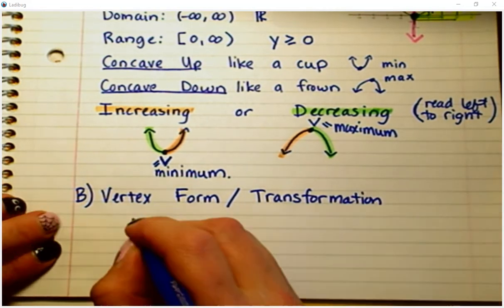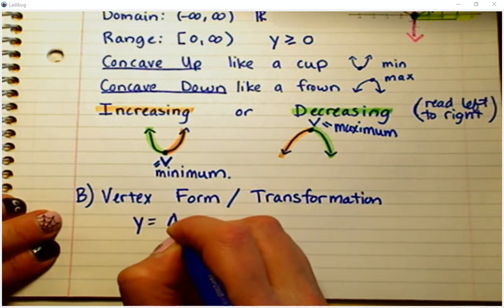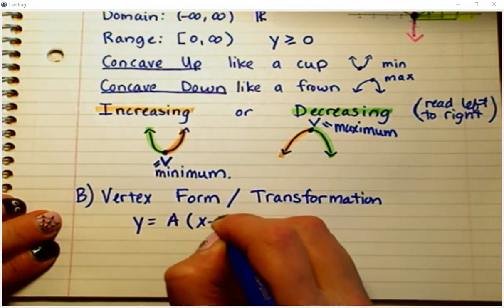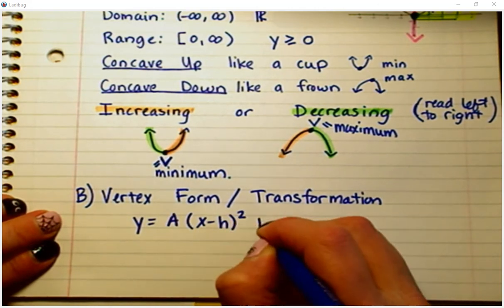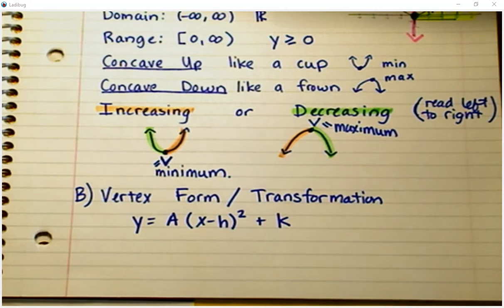Y equals a, and then h and k, just like the absolute value graph. We're not going to do the b value with this one. We're just going to do a, h, and k.